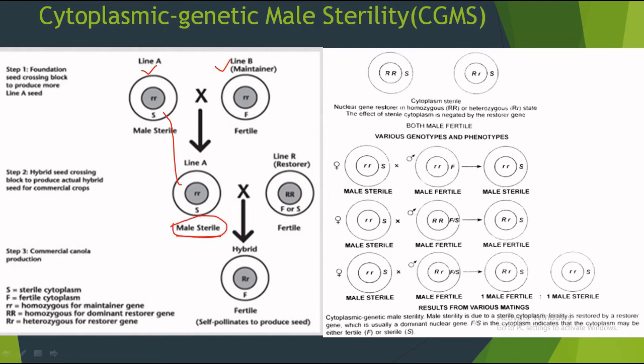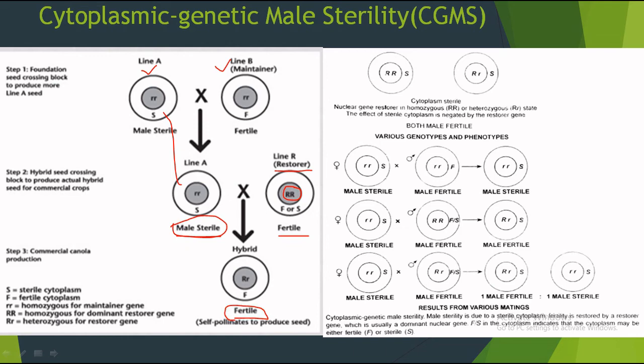So for restoration of fertility, we are crossing it with line R, the restorer line. It is the fertile line as it contains the capital R nuclear restorer gene. Whenever R is present, either capital R in homozygous or heterozygous condition, it will provide male fertility. So we will get a fertile plant.